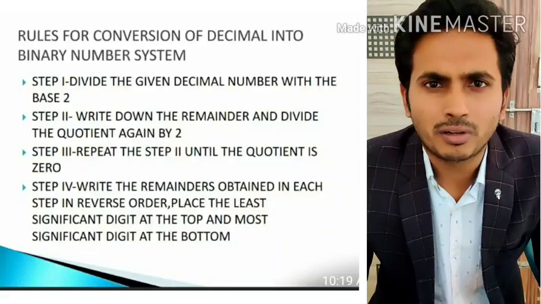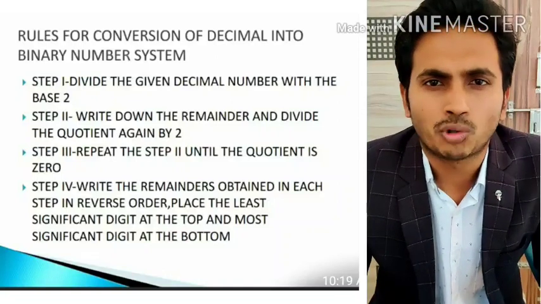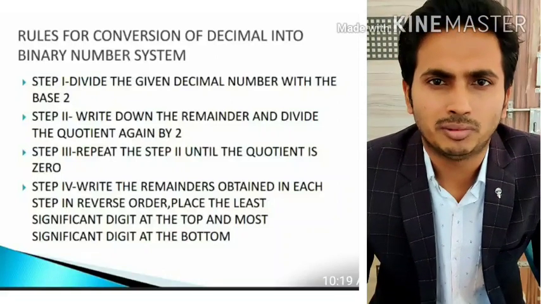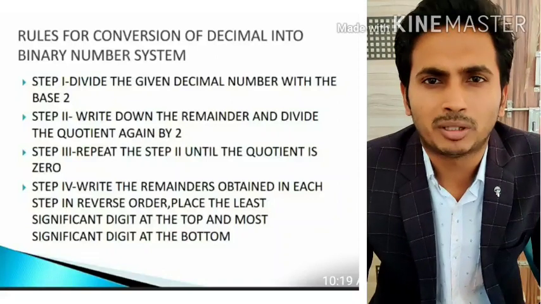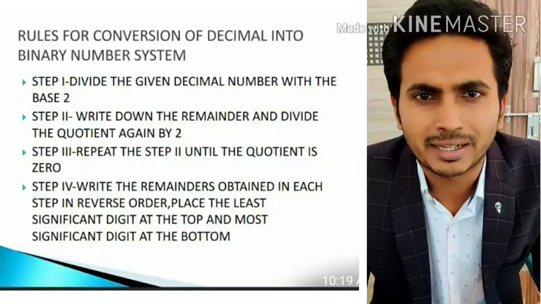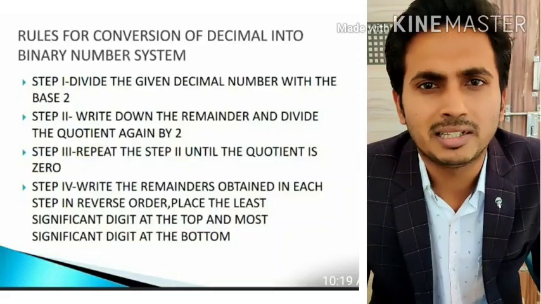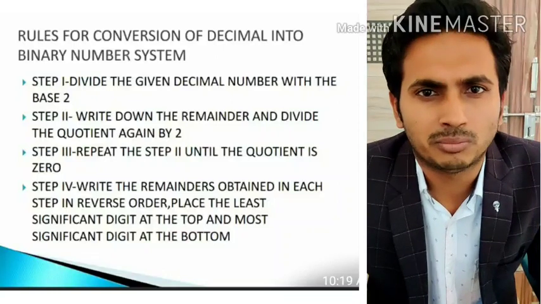Then we keep on dividing the quotient again until the quotient becomes 0. And then we take the values from bottom to top. The bottom will be the most significant digit and the top will be the least significant digit.